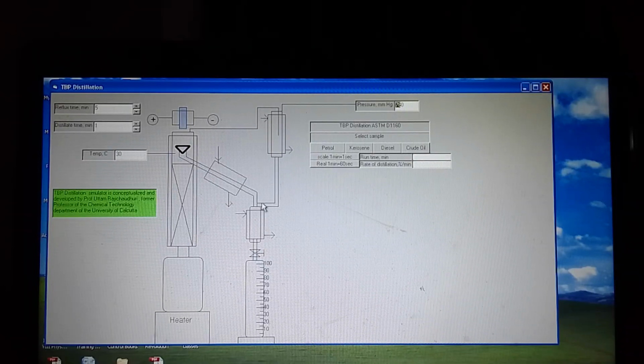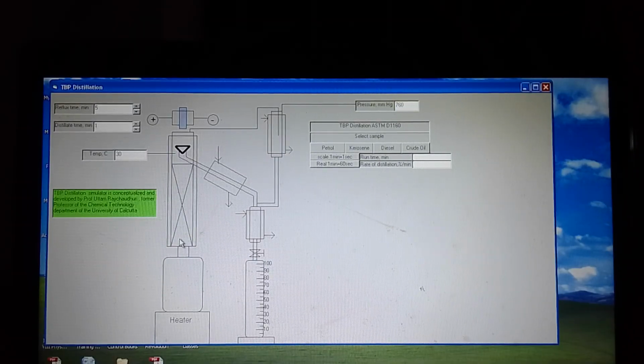There is another connection which is connected with the vacuum system. This crude oil is partly vaporized, up to around 50%, at nearly 300 degrees centigrade, and after that vacuum is applied to get the remaining vaporizable condensates from the residue.